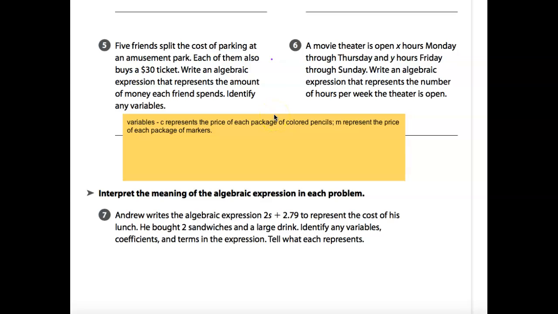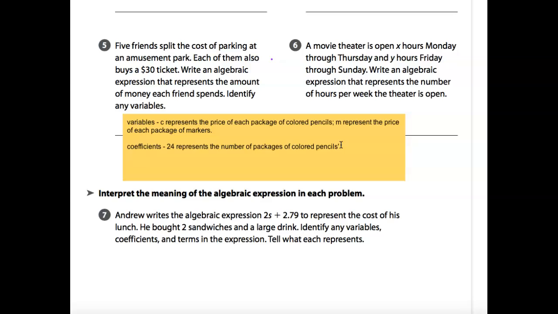The coefficients are the numbers. So 24 represents the number of packages of colored pencils.